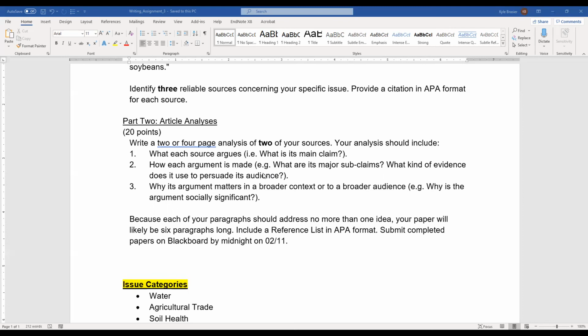If you want to build off those and go with more sources, that's fine. You won't get more points for it though. Include that reference list in APA format. That should look a lot like what you wrote up here, but at the end of part 2.